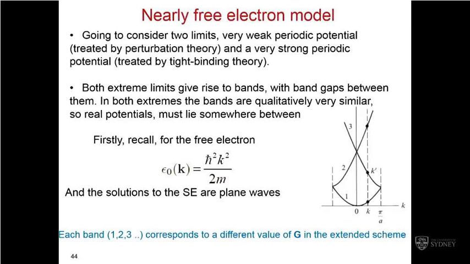The other approach is a tight binding method, which assumes the opposite end, that the orbitals are very strongly bound orbitals, like you might have s, p, and d orbitals. So they represent two extremes of what an actual crystal might be like.